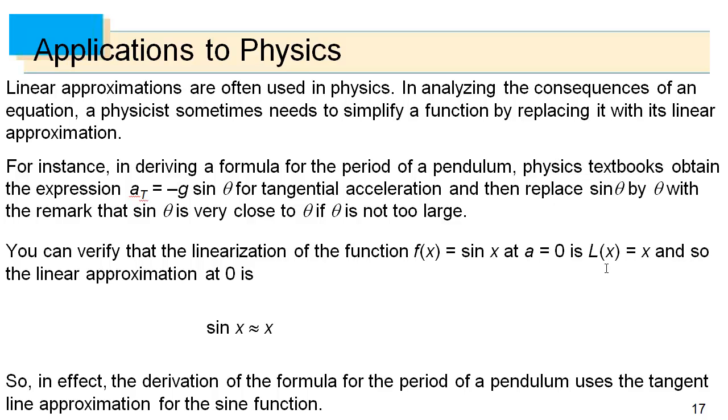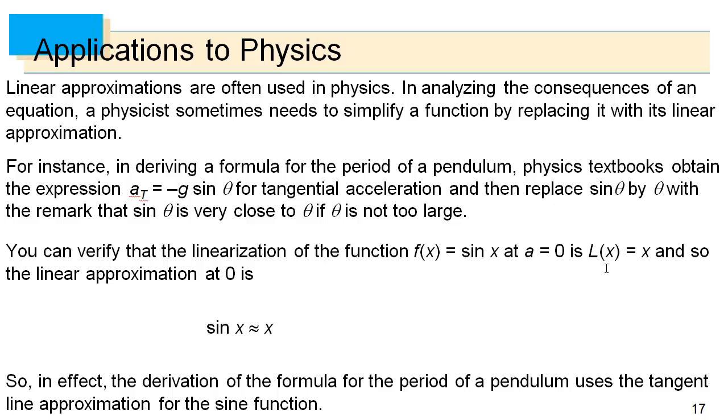One particular instance of that is the formula for the period of a pendulum. We can obtain that expression as negative g times sine of theta, and that expression is the tangential acceleration of the pendulum. It's how fast the pendulum is accelerating.